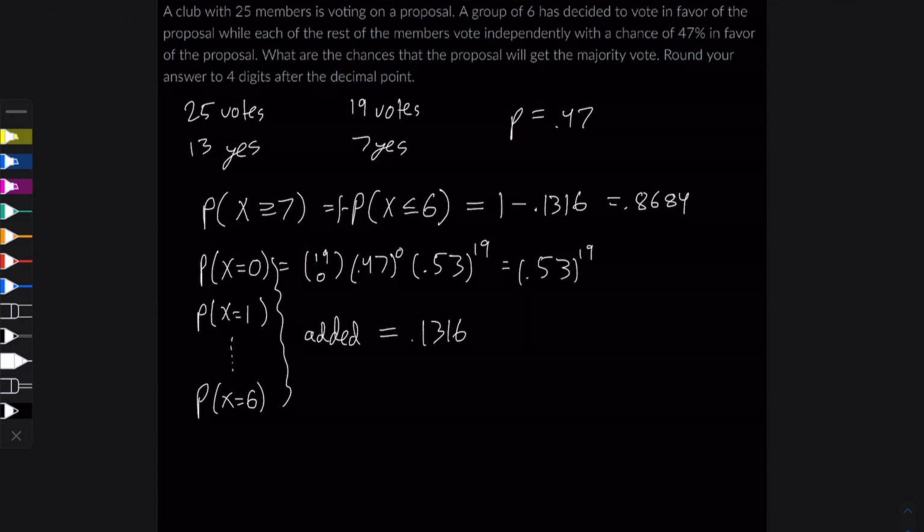And that problem turns out to not be too hard. The only hard part about this problem is that you have to calculate all of these. You have to calculate x equals 1, 2, 3, 4, 5, 6, and 0. And then you would have to add them all together and then say 1 minus that answer. But other than that, this problem isn't going to be too hard for you.